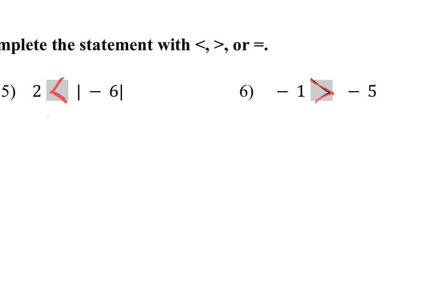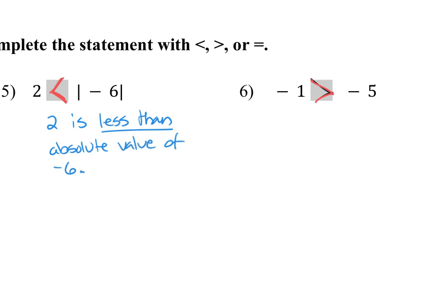So it would read, let's write the words. 2 is less than absolute value of negative 6. Okay? This other one, negative 1 is greater than negative 5.